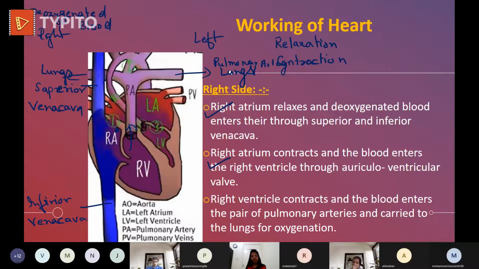Then the right atrium contracts, and all the blood from the right atrium comes to the right ventricle through the auriculoventricular aperture, which is guarded by the tricuspid valve. Then the right ventricle contracts, and all the blood goes to the lungs through the pulmonary artery. Later on it divides into two parts and goes to both lungs.